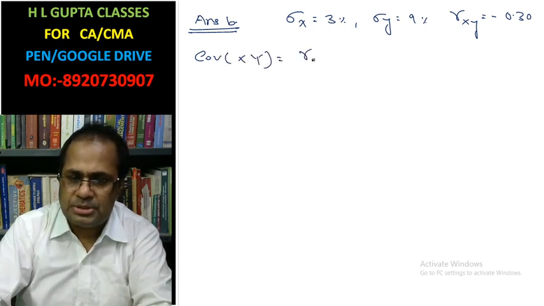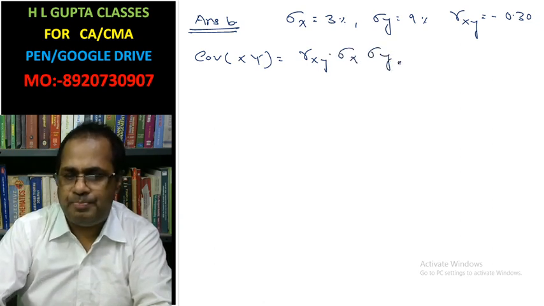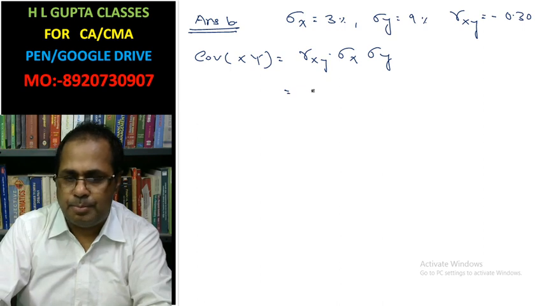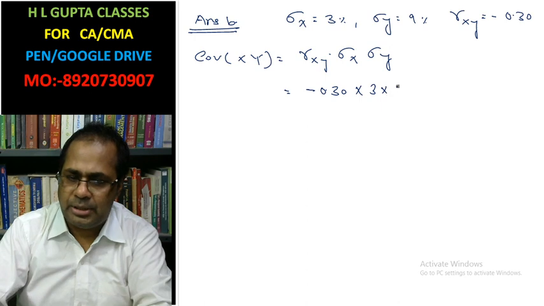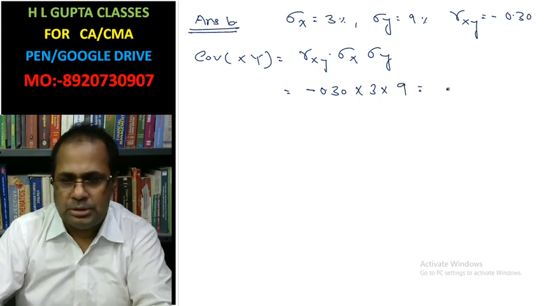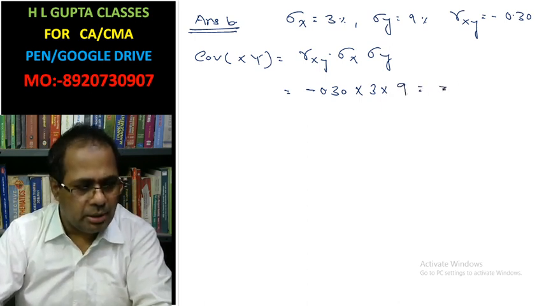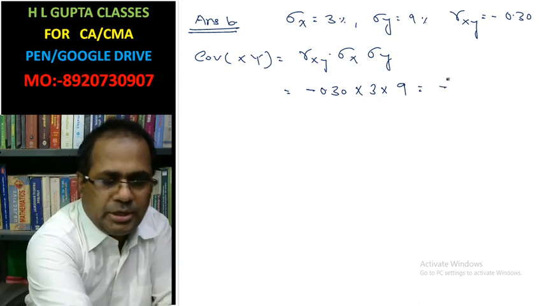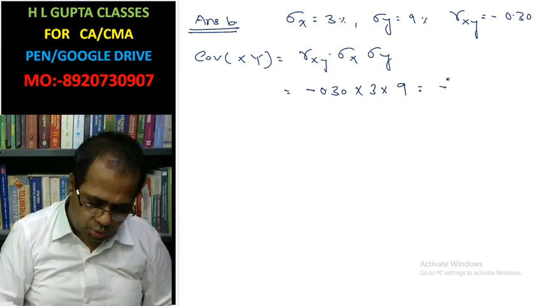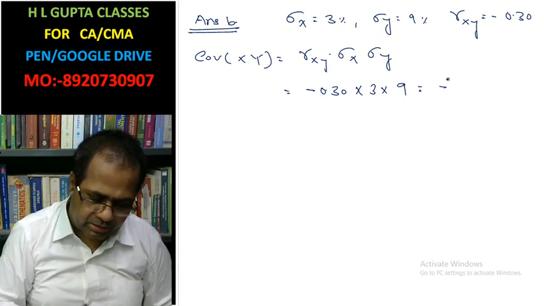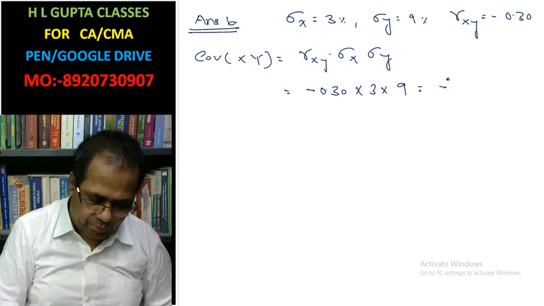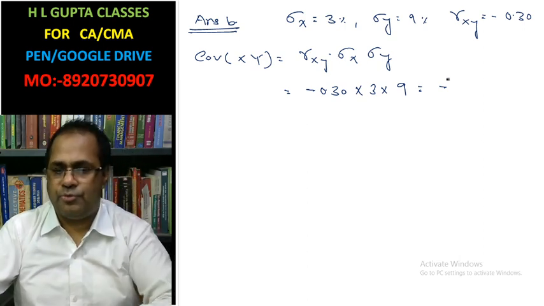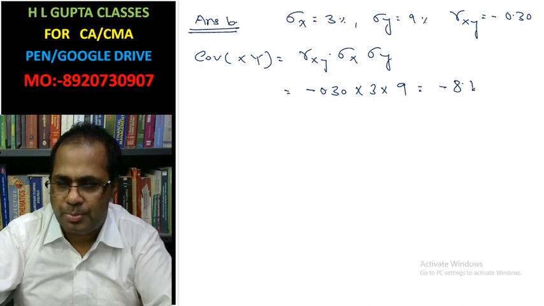Covariance XY means coefficient of XY times standard deviation X times standard deviation Y. This is minus 0.30 into 3 into 9. What is 27 into 0.3? That equals 8.1, so minus 8.1%. Okay.